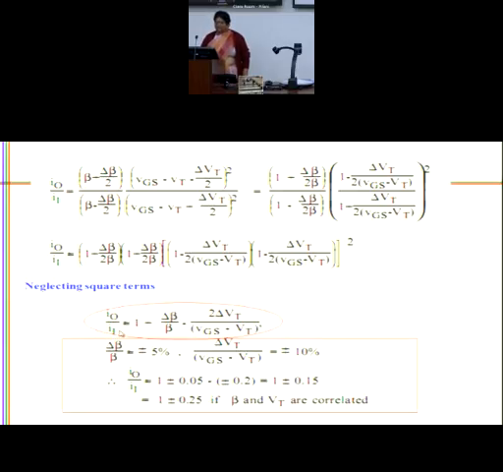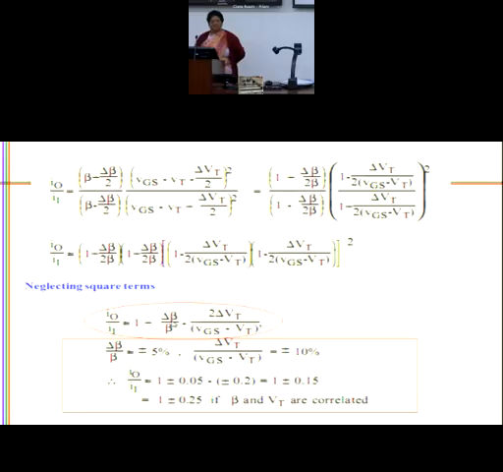Finally, this is what is giving you the effect of mismatch on current transfer ratio. Now you can see, I can find a deviation which is dependent on mismatch in beta and which is dependent on mismatch in delta Vt.